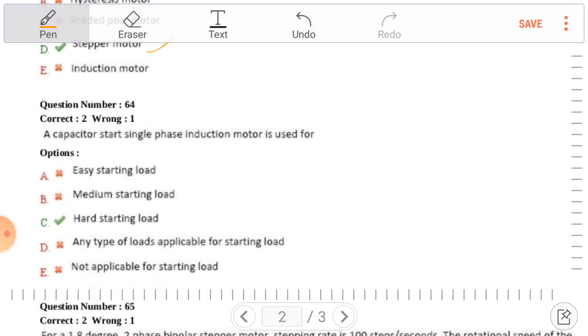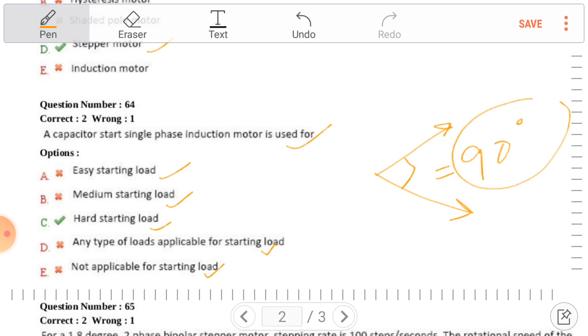A capacitor start single phase induction motor is used for easy start load, medium start load, hard start load, any type of load, or not applicable for starting load. So we know that a capacitor is used in a single phase induction motor to make the auxiliary and main current phase angle difference equal to 90 degrees.